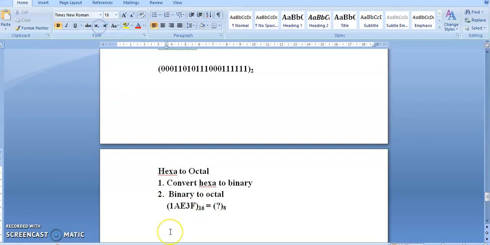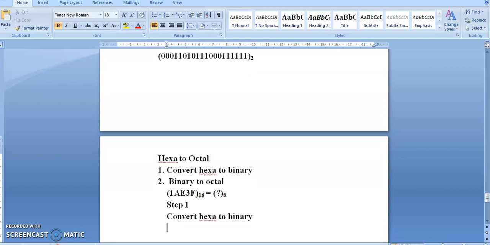Also observe here. First of all, step 1: convert hexa to binary. So 1AE3F. 1 means 0001. A means 1010.